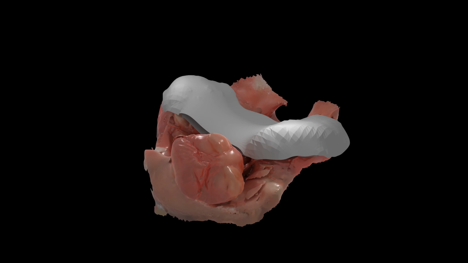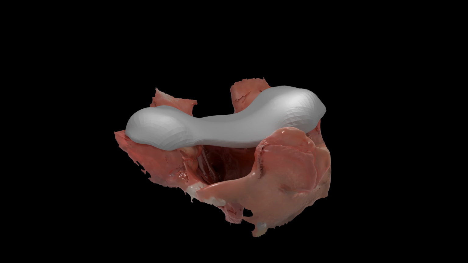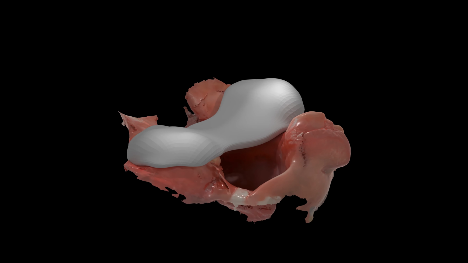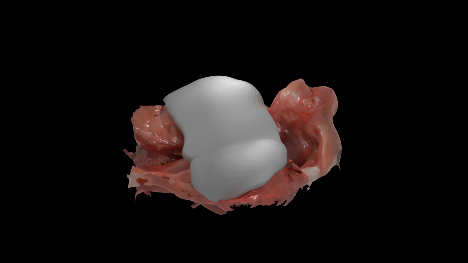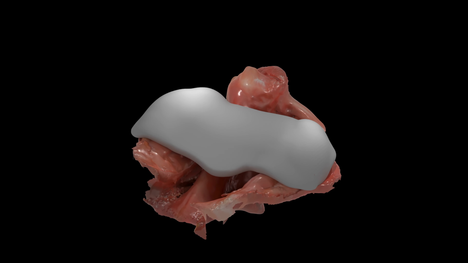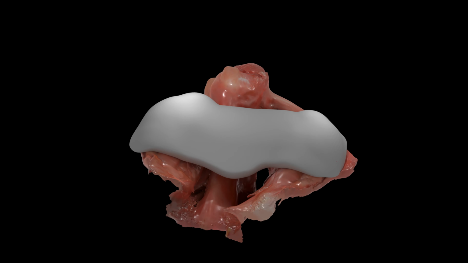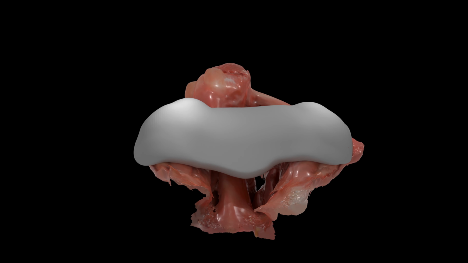Since the premaxilla is excluded, this plate does not require cutting around the lip frenulum. The same parameter adjustments are possible for bilateral cleft lip and palate plates.